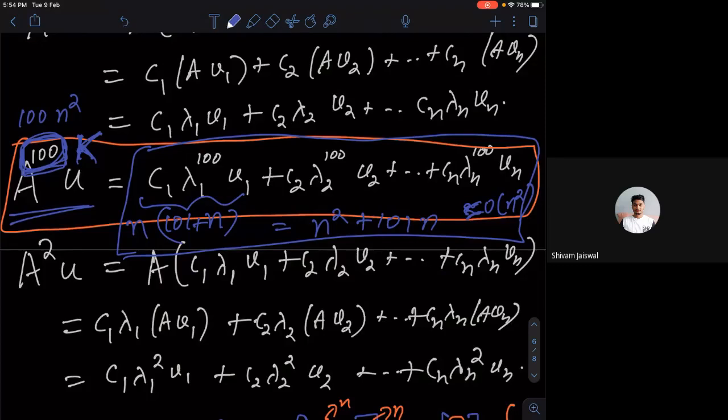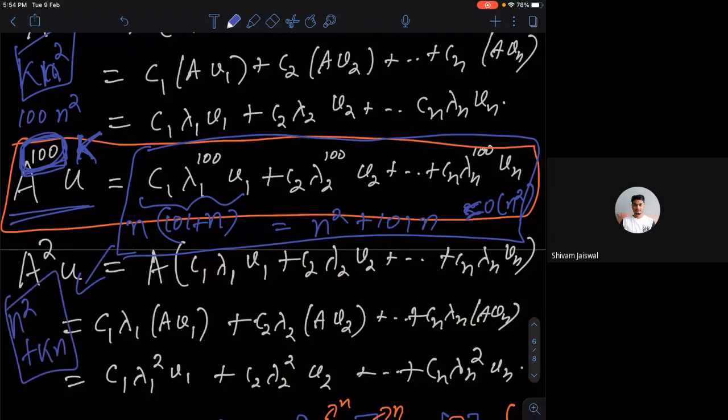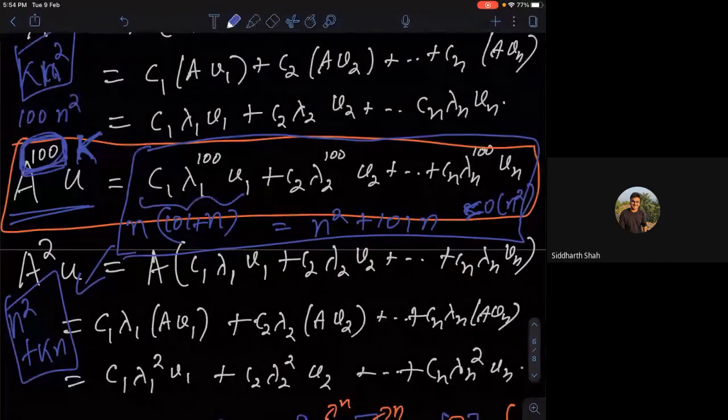For a very large k, the left is going to be k times n square, and the right will only be n square plus kn. So for a very large k, the right side is good, and for a small k, both seem to be kind of the same.